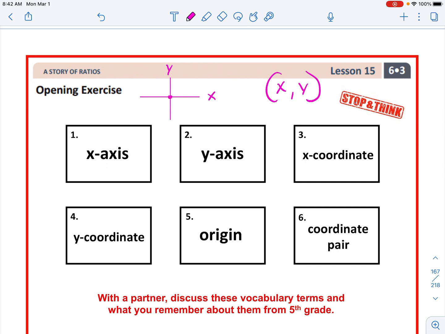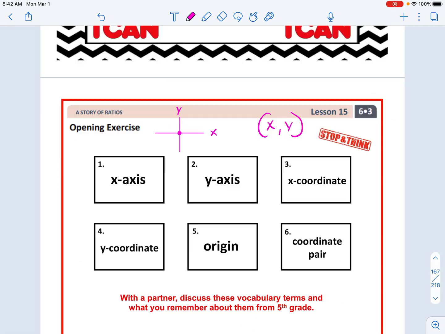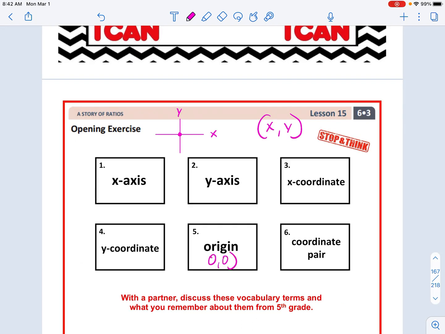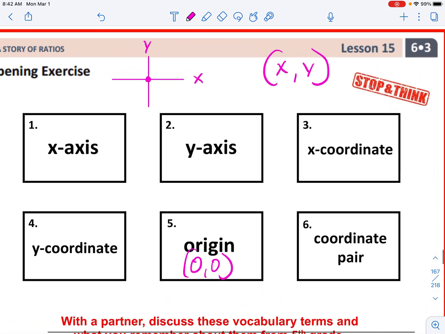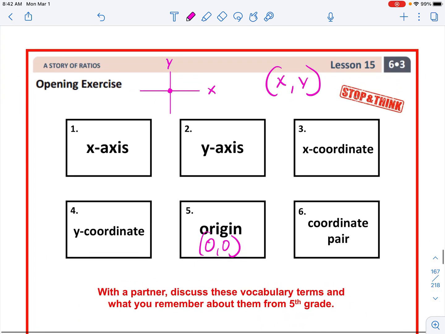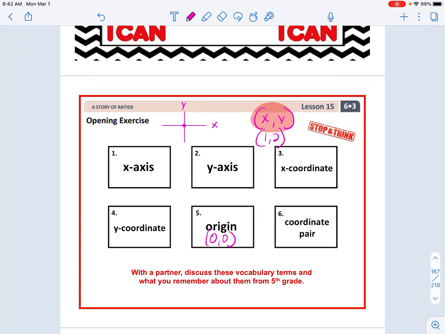The origin is the middle of the coordinate plane, and its origin is going to be 0 and 0. That's the ordered pair. And a coordinate pair is just the x and y in parentheses. So it can be 1 and 2, whatever that ordered pair is.